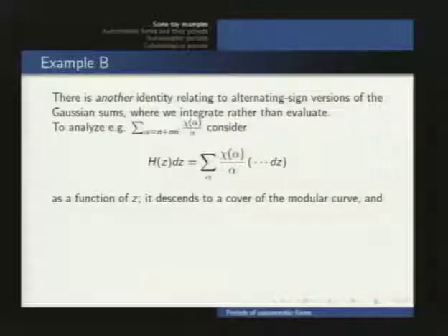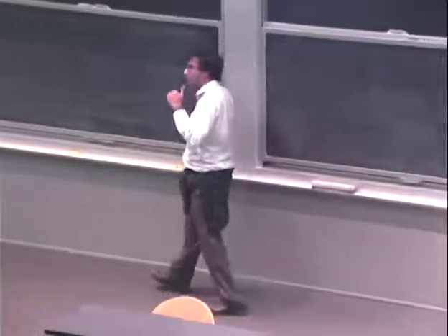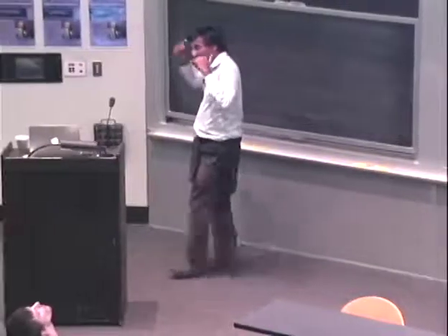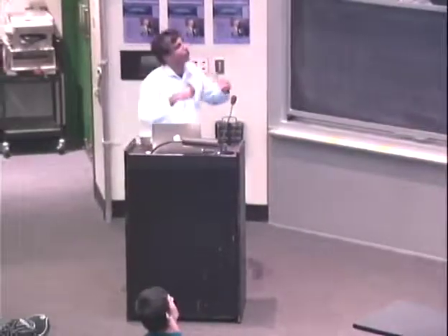The formula will not be enormously meaningful if you're not familiar with modular forms, but it's some function of z which will be the same sum over Gaussian integers of chi of alpha over alpha times something. Here's the something, it's some exponential. The details aren't important, but this function of z descends. It's defined when z is in the upper half plane, and it has exactly the same type of extra symmetry that makes it descend to this modular curve.